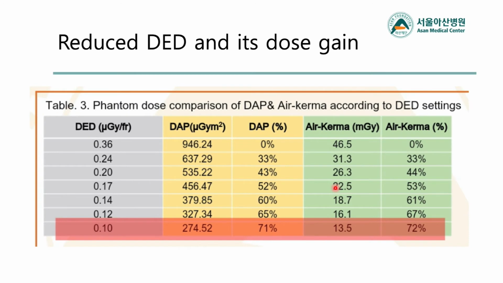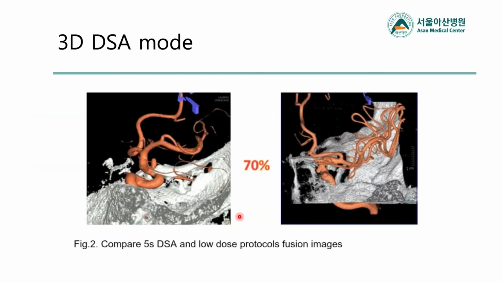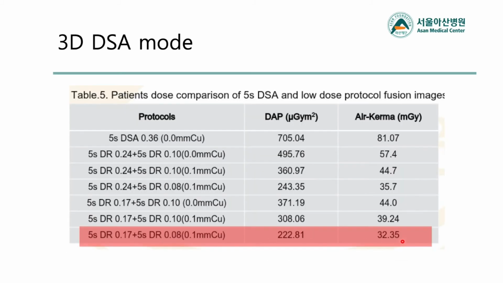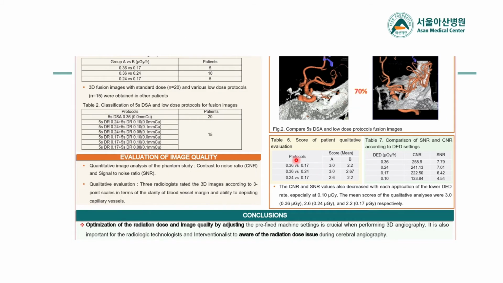Furthermore, when we pursue various schemes of dose reduction like this, we could note dose reduction down to 70% of the regular dose, like this, without significant subjective compromise in image quality.